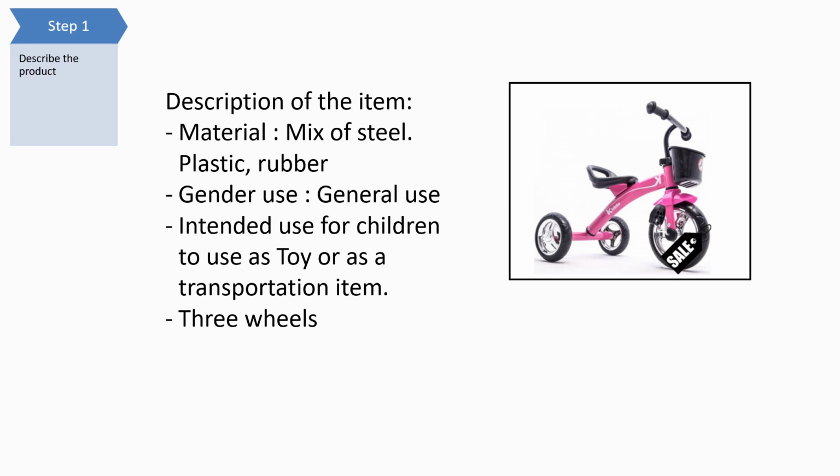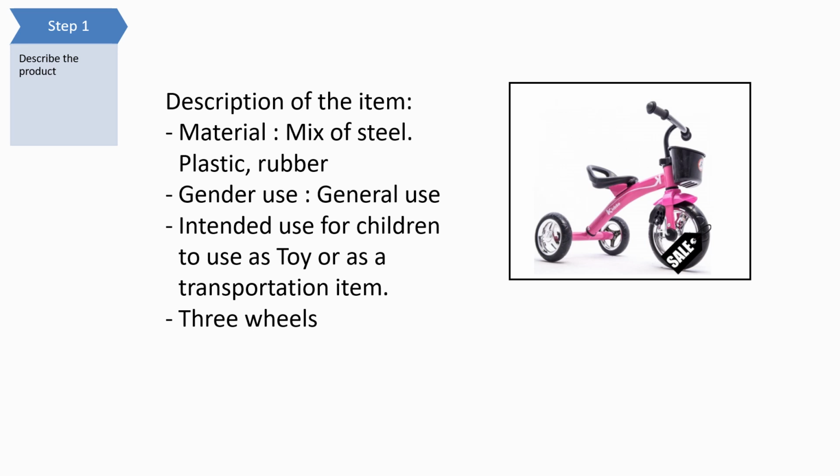In this case, let's say the material will be a mix of steel, rubber, plastic. The gender use, it's a general use. There's no specific gender for this type of product. Not because it's pink can we say it's for girls, or the color wouldn't be something that we can say is essential to the use of the product.